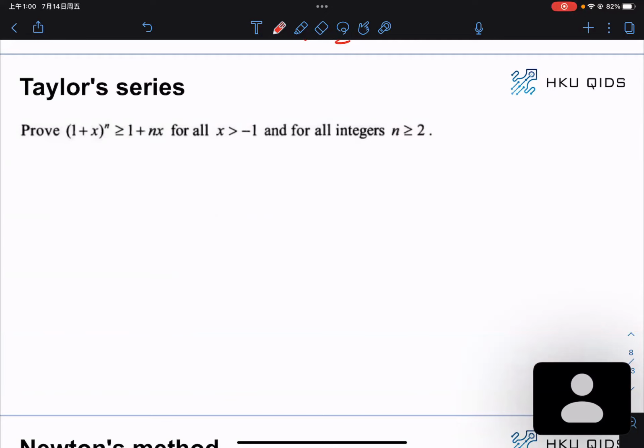So basically, we just need to define the function and try to solve it using Taylor's formula. So what kind of function are you trying to use?